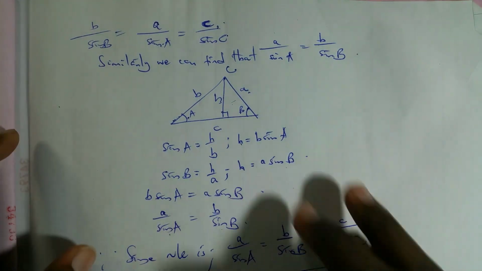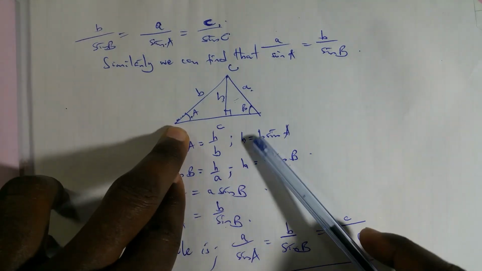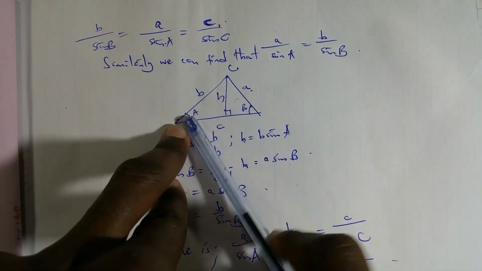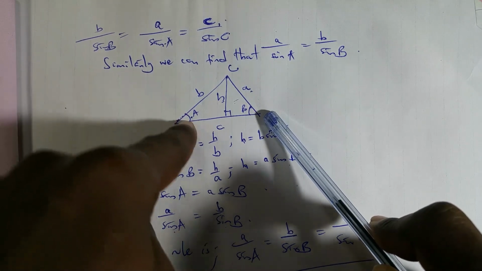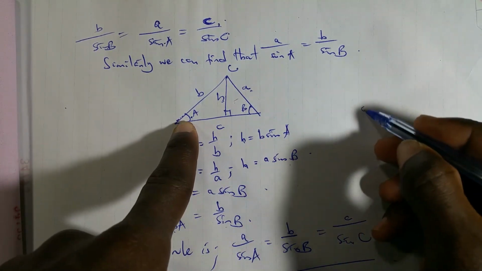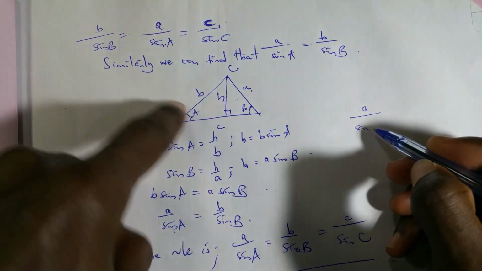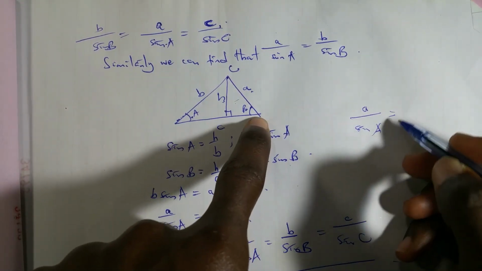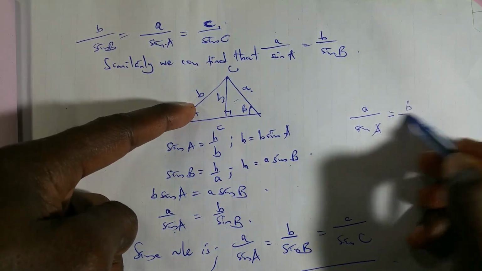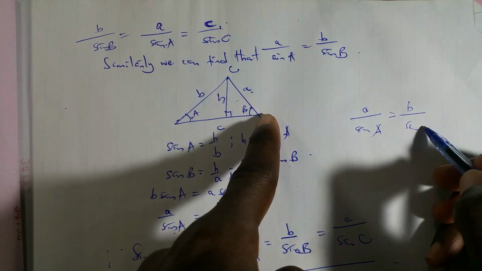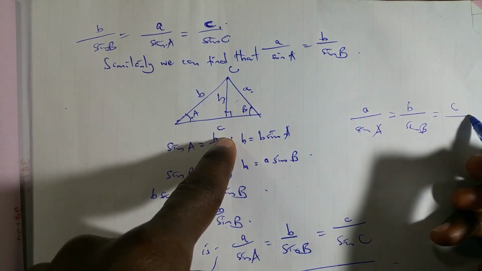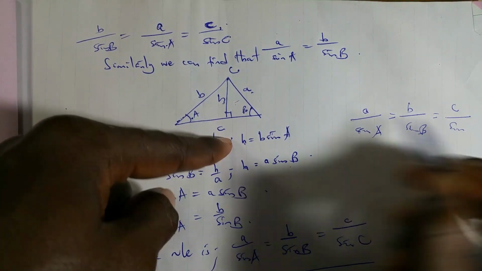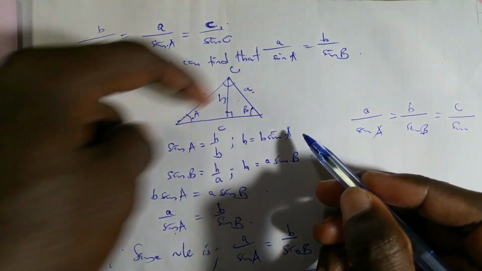If you observe this, the length of a side out of the sine of the angle opposite that length is going to be equal to the length of another side out of the sine of the angle opposite that side, which is the same as the length of another side out of the sine of the angle opposite that side.